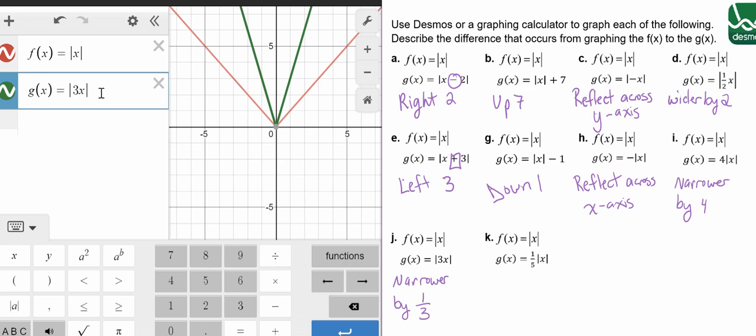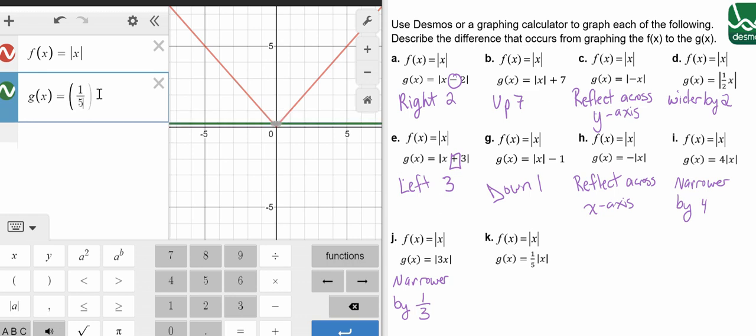Let's go ahead and do letter K. So K is kind of like letter I, except now instead of having a whole number, we have a fraction. What do you think might happen if I'm using a 1/5 on the outside as opposed to that positive 4? So I'm going to plug that in. Did you say it was going to get wider? Because if you did, you were right.